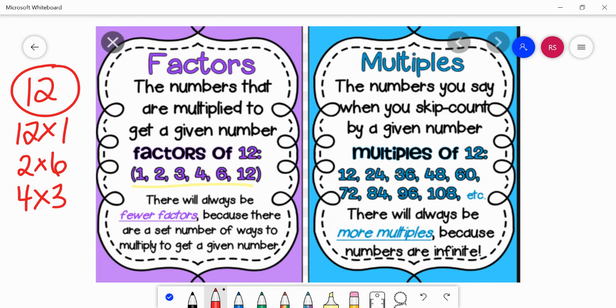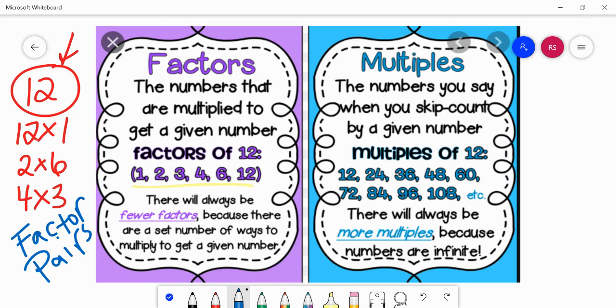When we list our factors, what I listed over here are what I would call factor pairs, because they're a pair or a set of numbers. If they asked for the factor pairs, you could just write 12 times 1 or 1 times 12, 6 times 2, and 3 times 4, or vice versa. But if they want you to list them, you need to put them in order from smallest number to largest number.